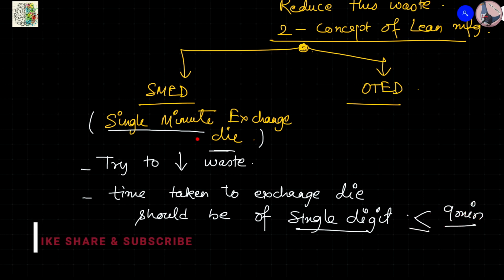Please take care that single minute does not mean 1 minute. It means the time taken should be of single digit, not 10 minutes. 10 minutes is two digits, 1 and 0, whereas 9 minutes is a single digit. So that's the point in SMED.